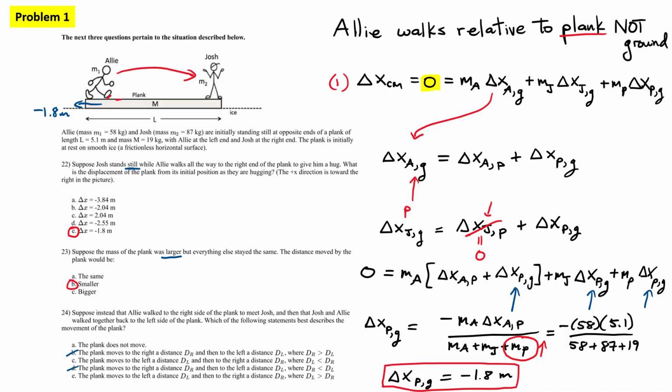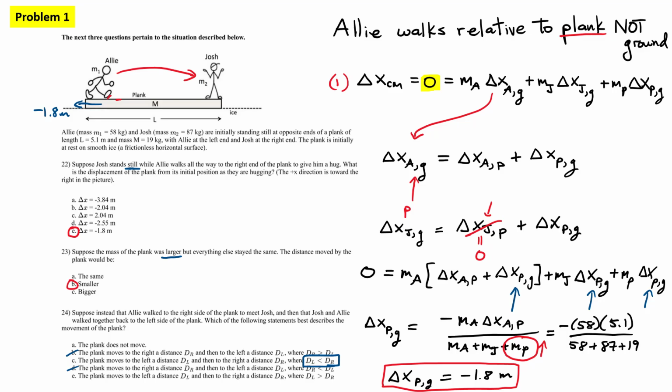So with this, I would eliminate choices B and D because they say that the plank moves to the right a distance d_R. Now think about this. When Josh and Ali both finish on the left-hand side, the plank is going to move in the opposite direction. However, we're shifting more mass here on the left-hand side. So at the end, that motion to the right is going to end up being bigger than the motion initially on the left, because you're moving simply more mass, since two people are walking down.